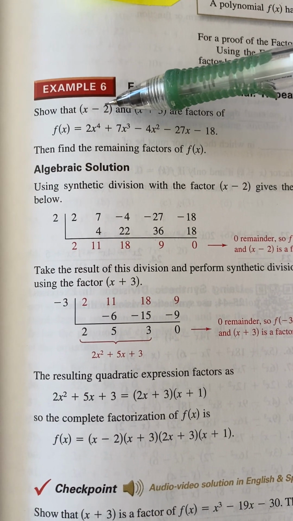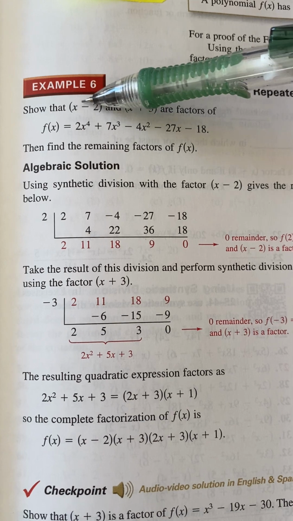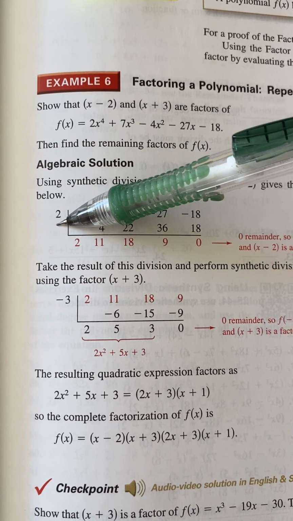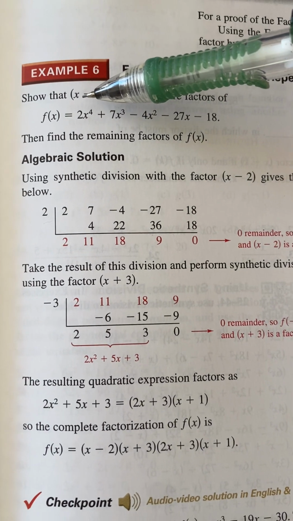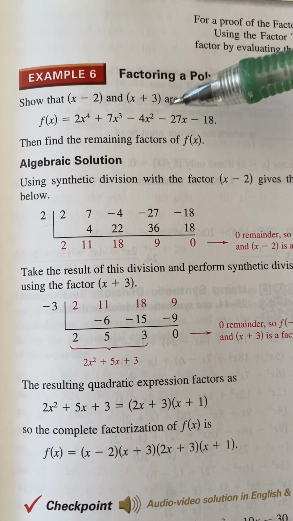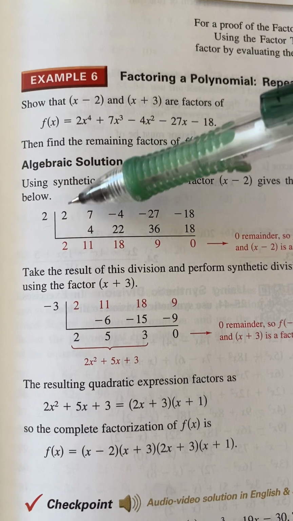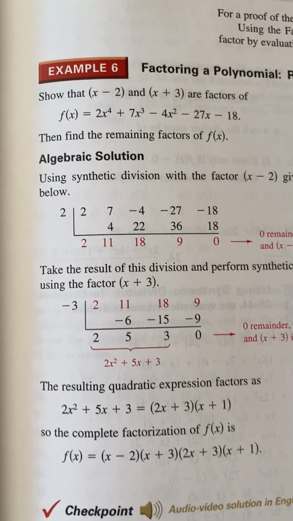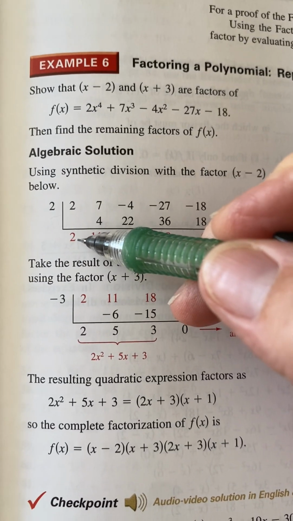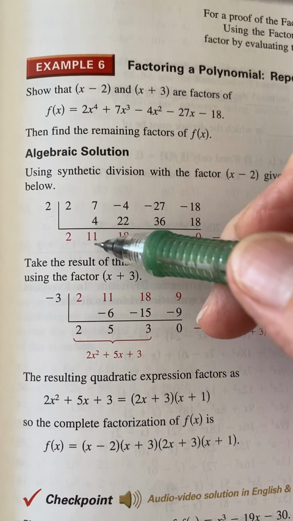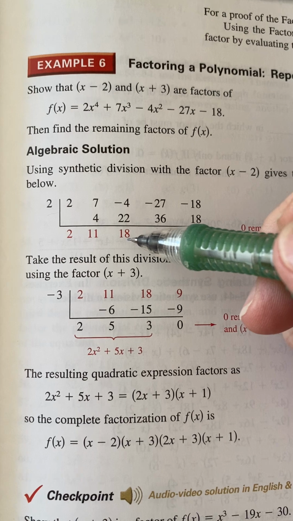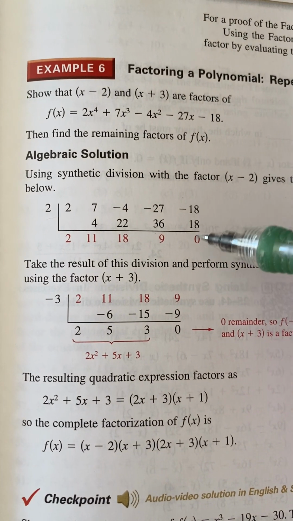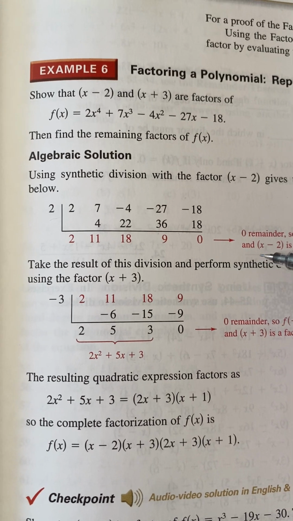So for dividing by x minus 2, switch the sign, use a +2 in the little box. Grab the coefficients 2, 7, -4, -27, -18. We have a degree 4, 3, 2, 1, 0. We're all set to go. So drop the 2, multiply, add, multiply, add, multiply, add, multiply, add, and we get a remainder of 0.